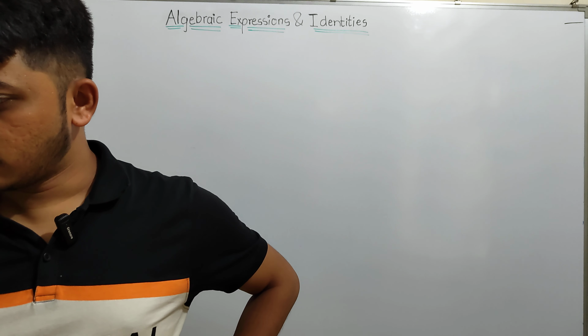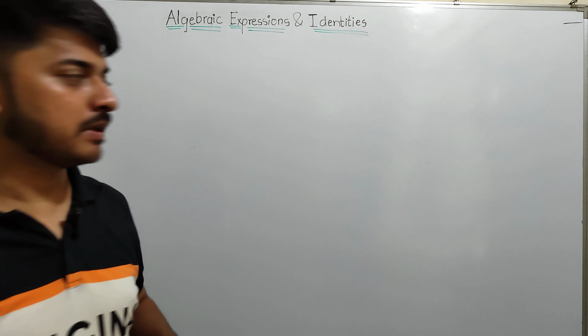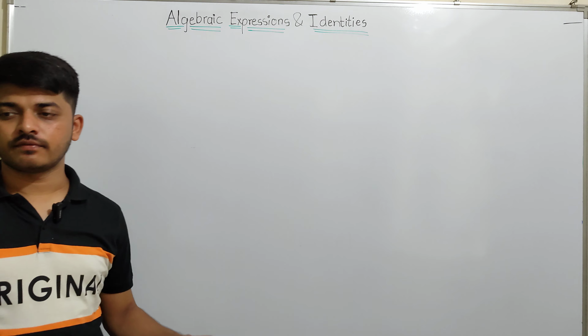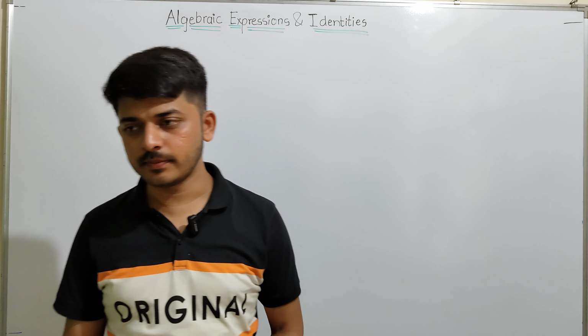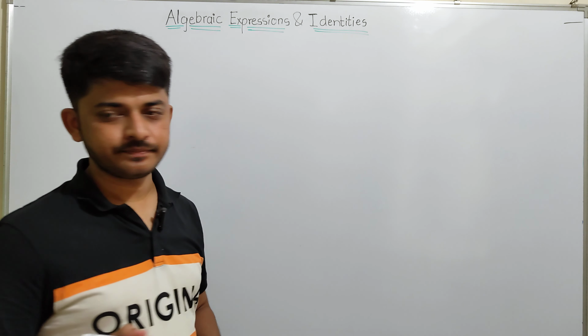Okay, so moving towards example 6. Now in example 6 we have to add, it may be binomial or monomial. We have to add. Now what do we have to add?